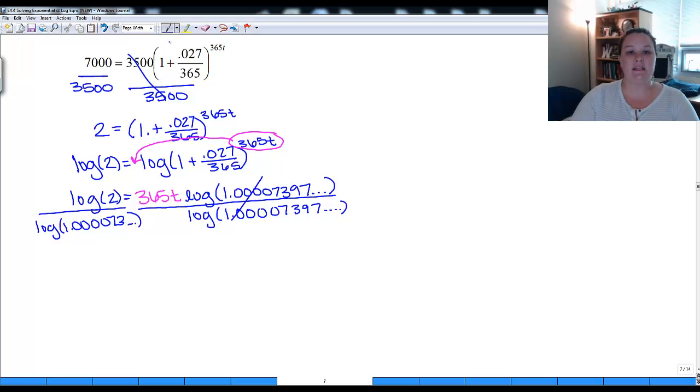So once that cancels, notice what I'm left with is now I just have 365t on one side, and on the other side, when I simplify this mess, log 2 divided by log of that nasty number, I should be left with, actually I'm going to go ahead and write out what those two equal, just so that you can check yourself if you're working this on your own calculator.